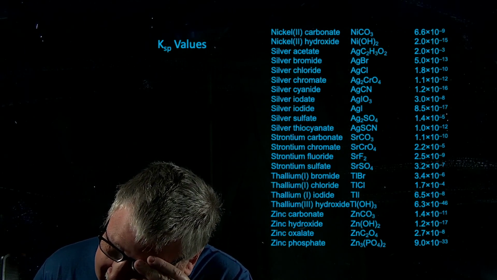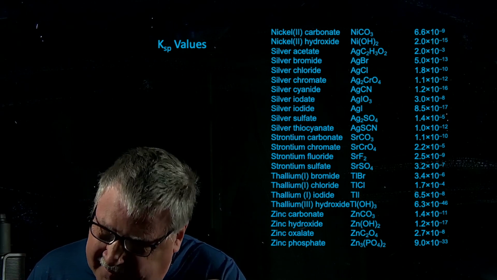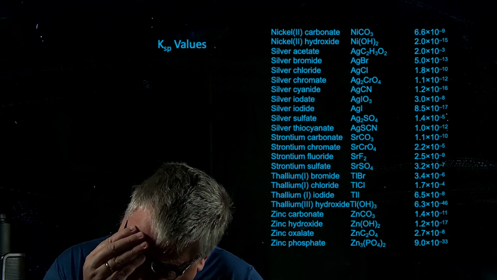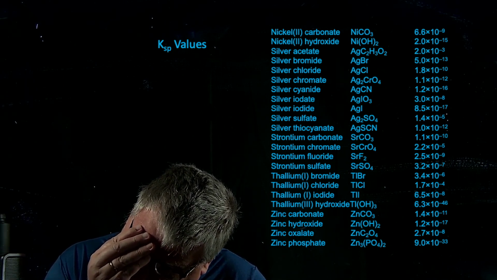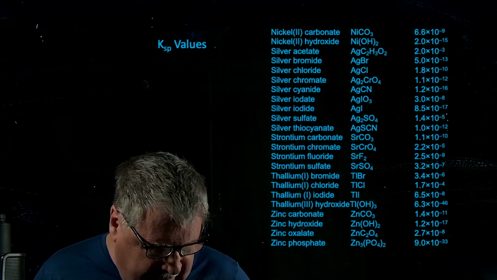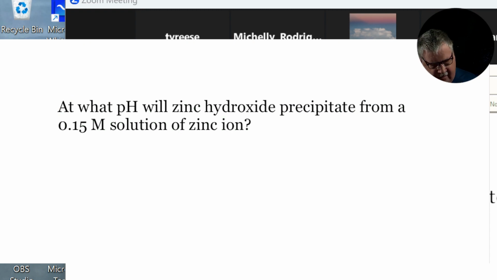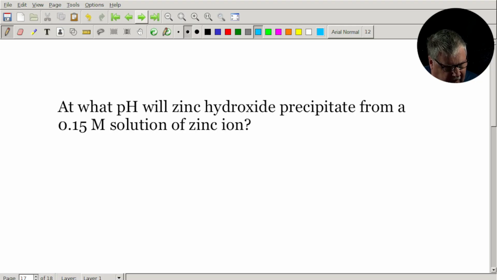Zinc hydroxide. Is it here? Yes, it is. 1.2 times 10 to the negative 17th. I knew it was somewhere in that range. Okay. So the Ksp for zinc hydroxide is 1.2 times 10 to the negative 17th.